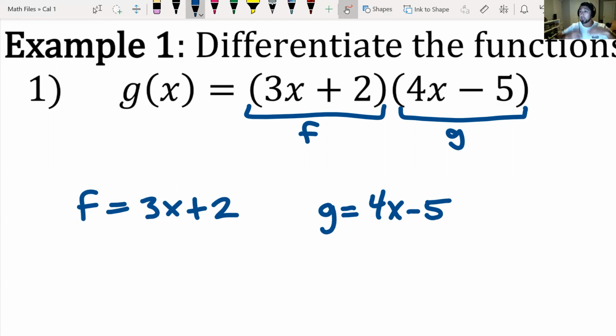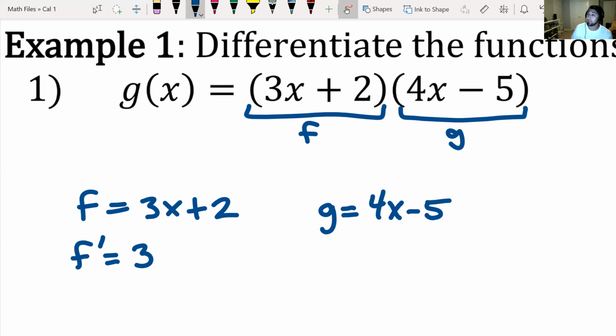Now, to follow the product rule formula, we need to know the derivative of f and the derivative of g. So that's what I'm going to do next. I'm going to say f prime, the derivative, and the derivative of 3x is 3.